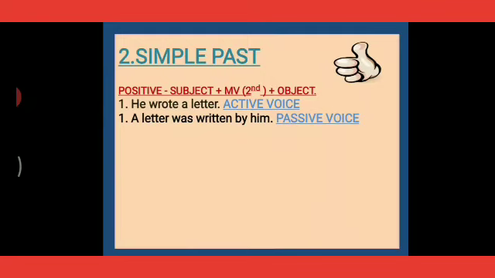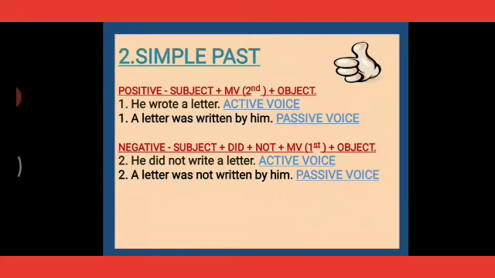Second form changes to was, were plus third form. For example, here you could see that he wrote a letter. A letter was written by him. Wrote was second form. I said that you will be using was, were plus third form. So wrote we have changed into was written.